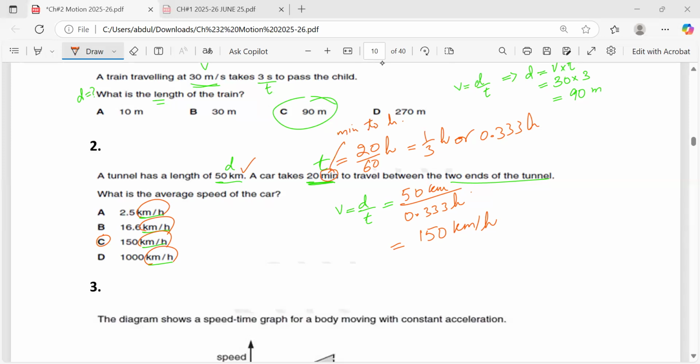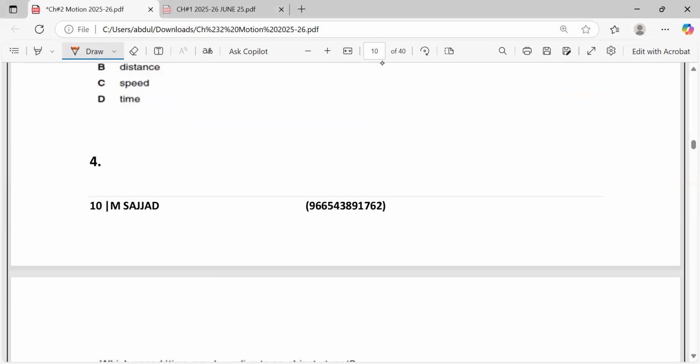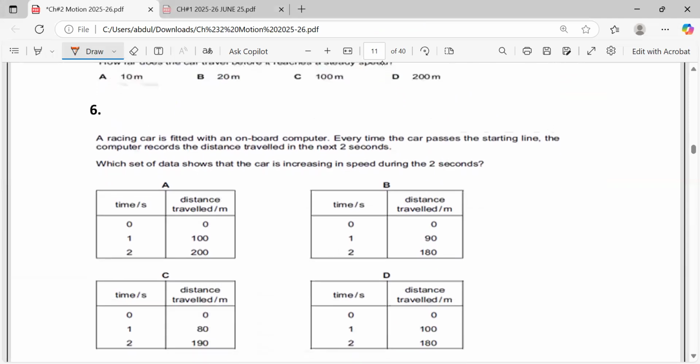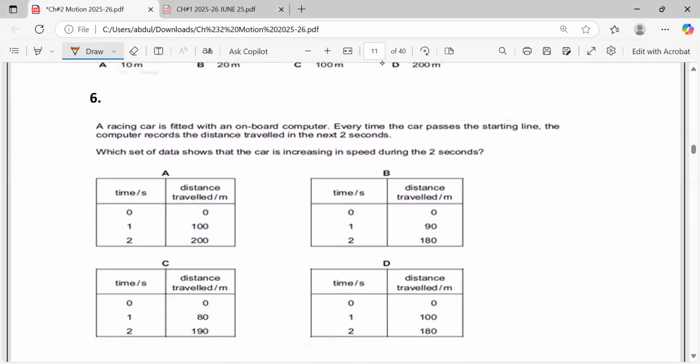Okay, now question number 2 is done. 3 we did not discuss today. 4 also no. 5 also no. 6 yes. Please, everybody read this question number 6 and then say what can be the answer. I'm reading this question for you. A racing car is fitted with an onboard computer. Every time the car passes the starting line, the computer records the distance traveled in the next 2 seconds.